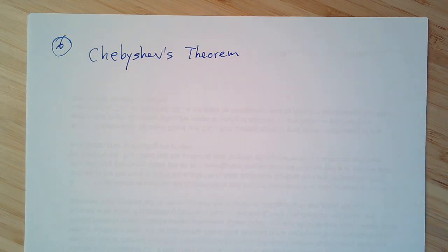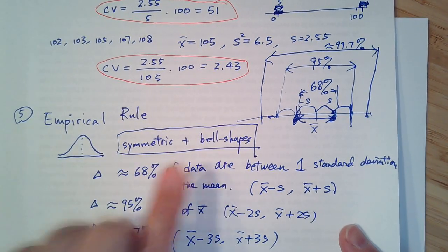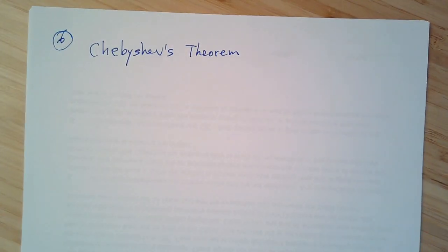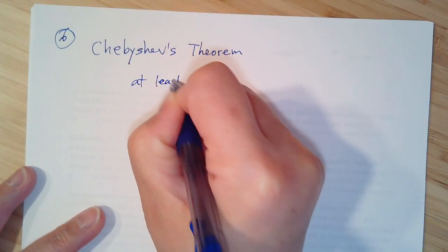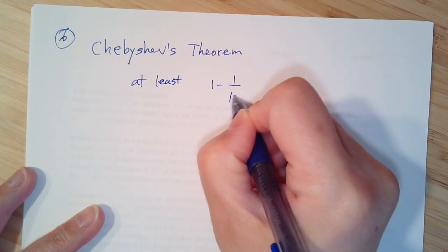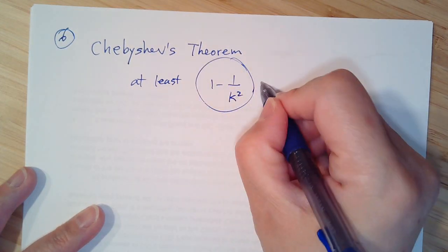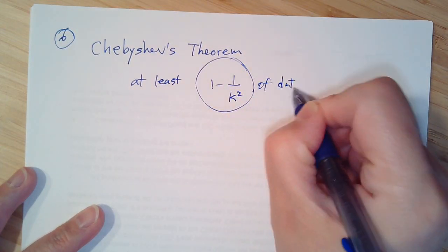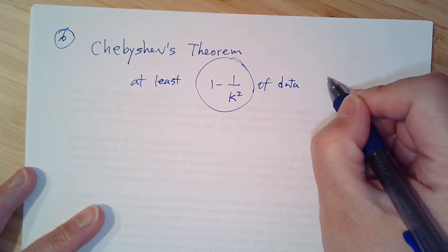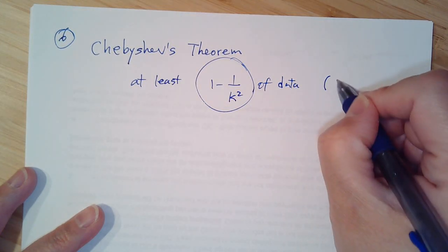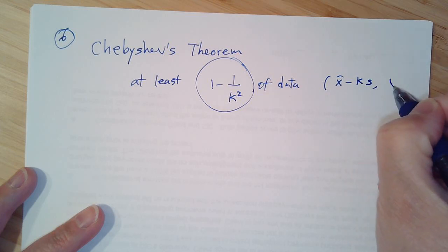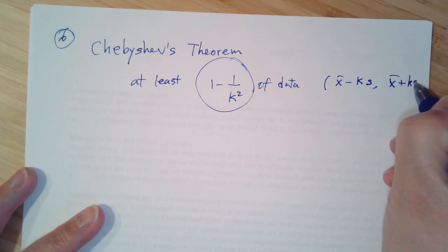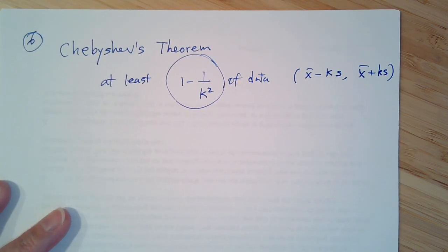So it doesn't have to be symmetric or bell-shaped, it doesn't really matter, whatever the distribution. And it says at least 1 minus 1 over k squared of the data should be between x bar minus k standard deviations and x bar plus k standard deviations, within k standard deviations.